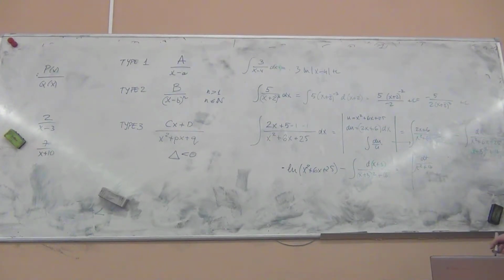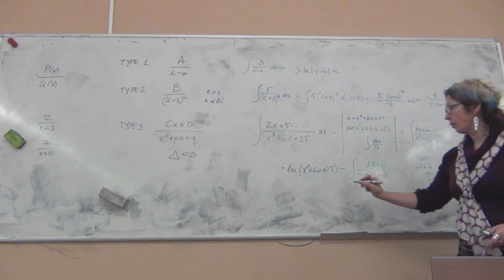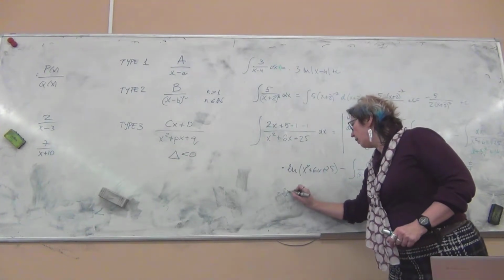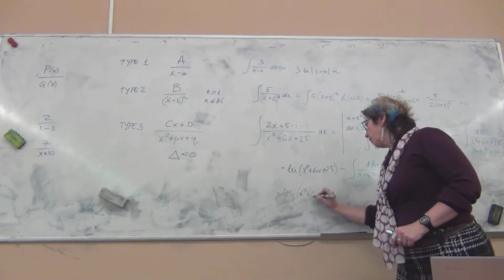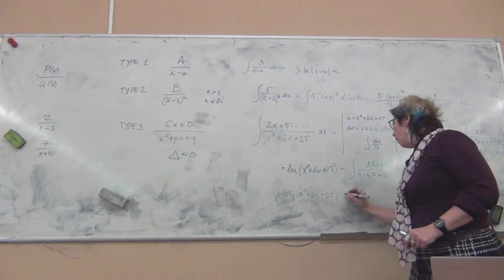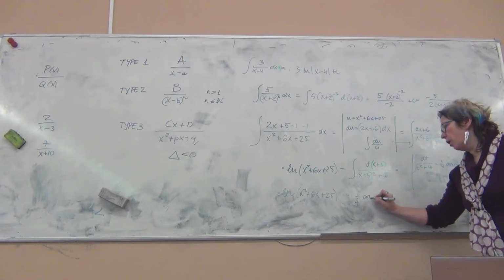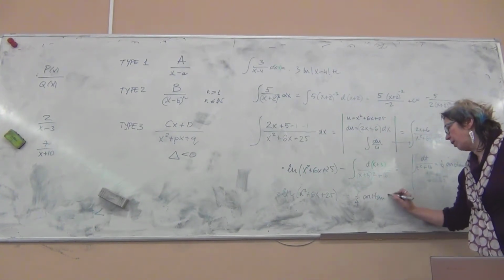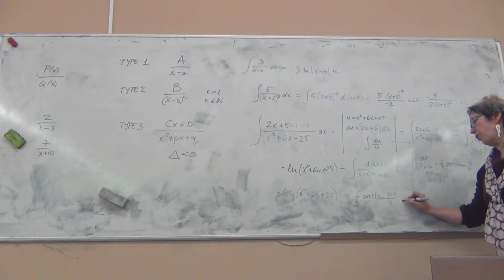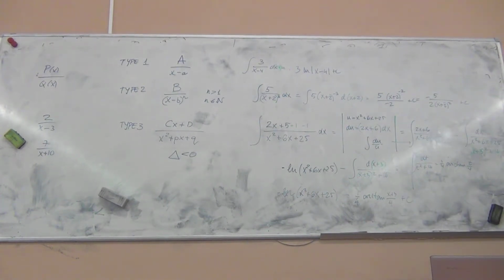So it will be ln of x squared plus 6x plus 25 minus 1/4 arctangent of (x plus 3) over 4, plus a constant in the end.